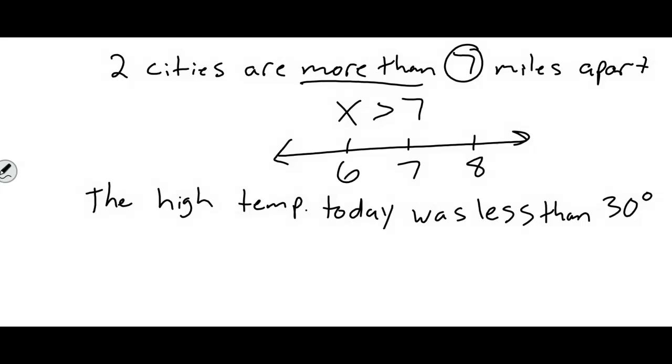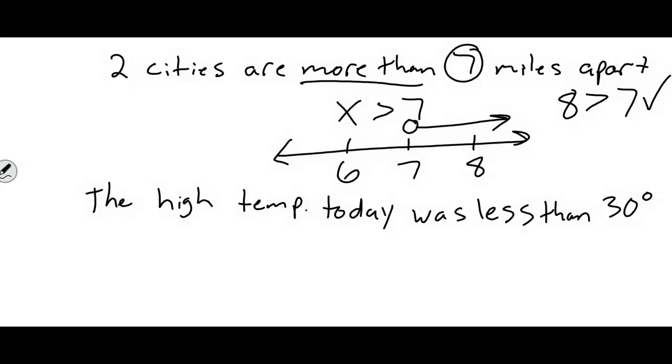All right. Now graphing it. What would I do to graph this inequality? Jordan. Open circle at 7, and then have an arrow pointing to the right. Good. 8 is a possible answer. 8 is greater than 7, which is true.